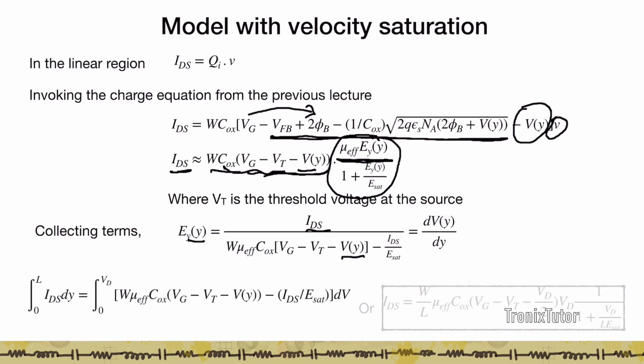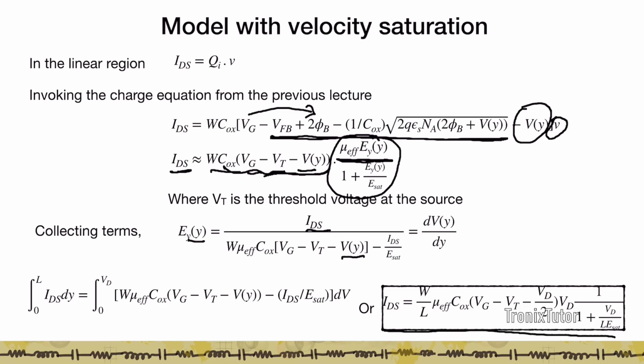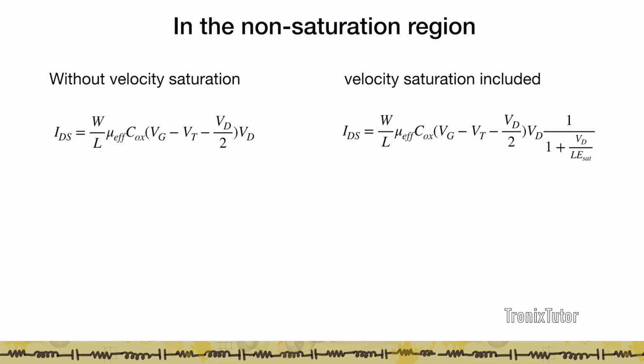And when you solve the equation, again similar to what we did in the GCA model, you get this expression for IDS. So let's look at that IDS a little bit closer. If I look at the non-saturation region, without velocity saturation, my IDS is given by mu effective W by L Cox Vg minus Vt minus Vd by 2 into Vd.